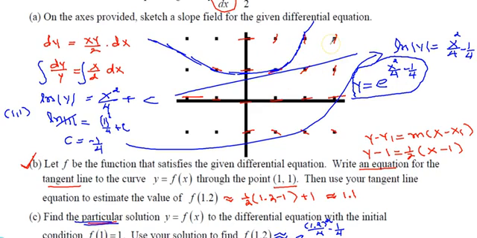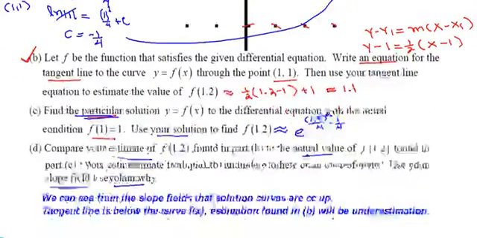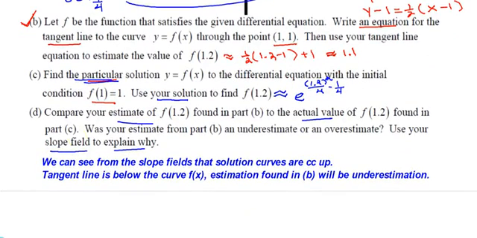This is all review from semester 1, we learned that. So how do you write? Compare your estimate found. Was your estimate found in part B an underestimate or overestimate? Use your slope field, explain why.